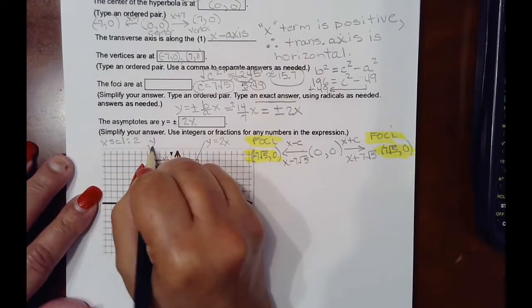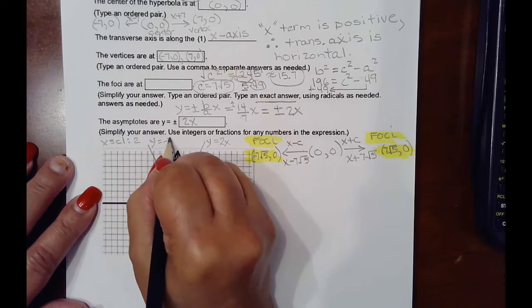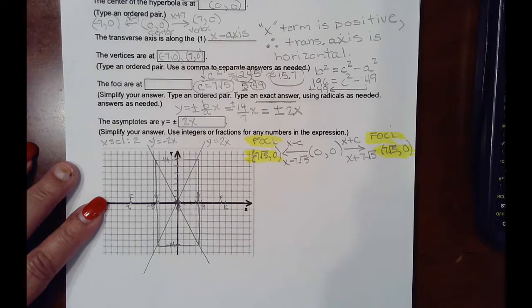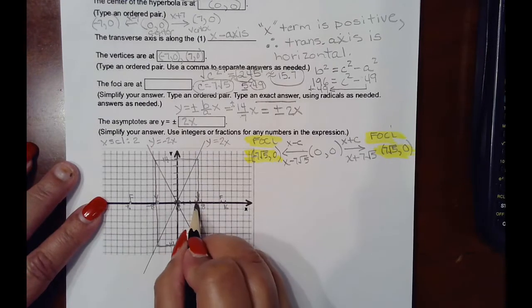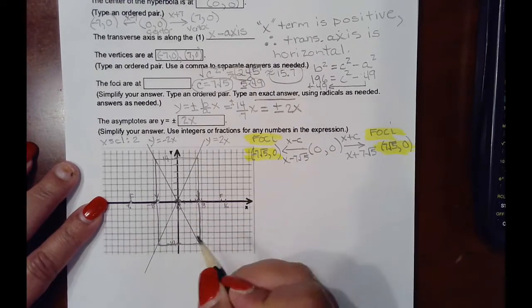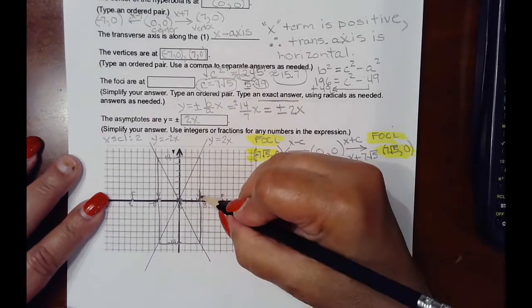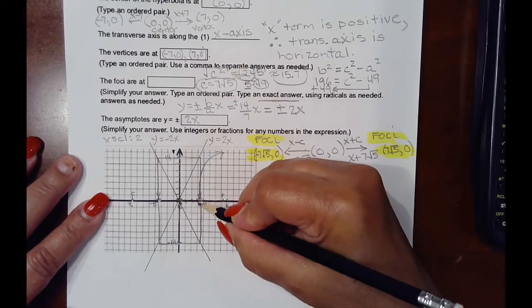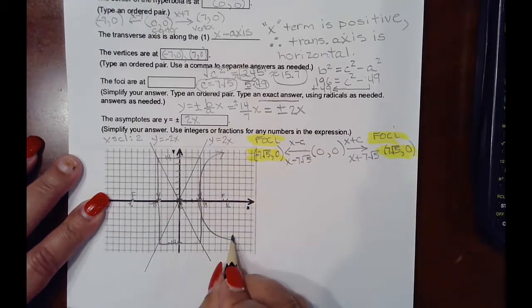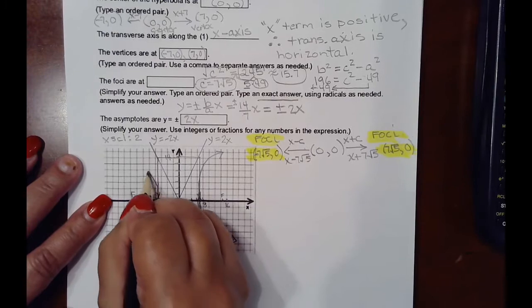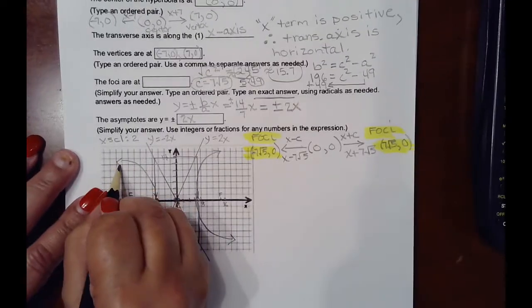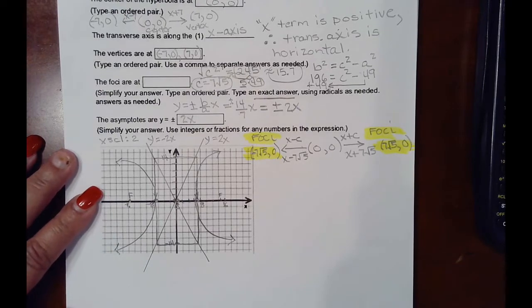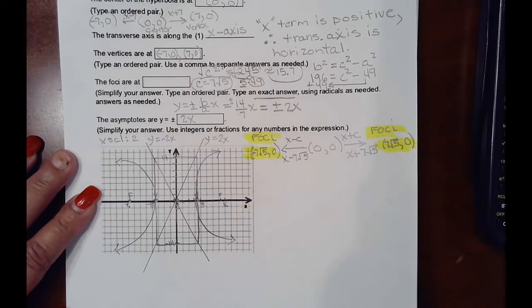So this one is called y is equal to -2x. I'm just adding that to the graph. Okay, don't forget you're opening from the vertices. These are the vertices right here at -7 and +7, and keeping the width of that hyperbola contained within the asymptotes. So that is the picture for number 11.